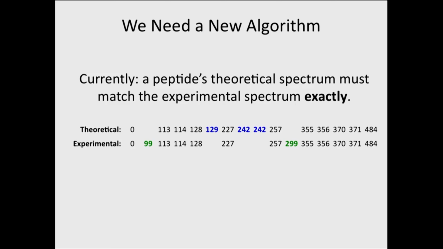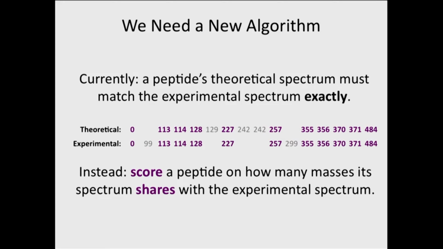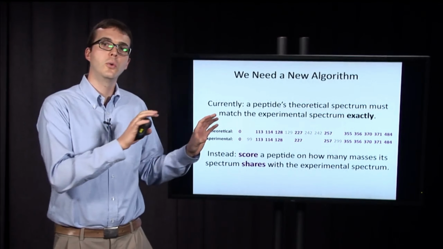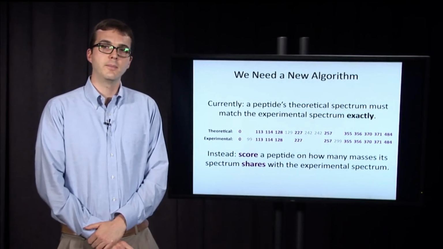This is a problem because in our current implementation, in order for it to consider a peptide correct, the peptide's theoretical spectrum has to exactly match the experimental spectrum that we have, and that's clearly not the case here. So the question then is, what do we do? Instead of having to match the spectrum exactly, we're going to score a peptide based off of how similar it is to the experimental spectrum.